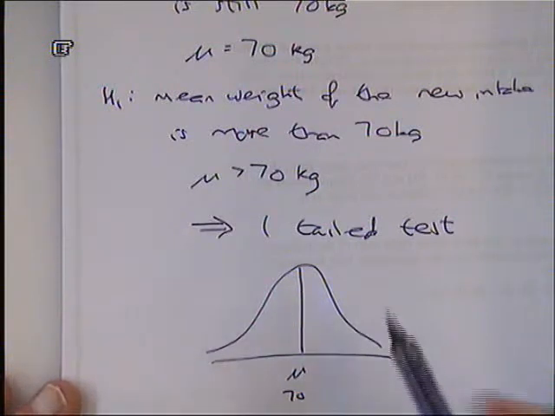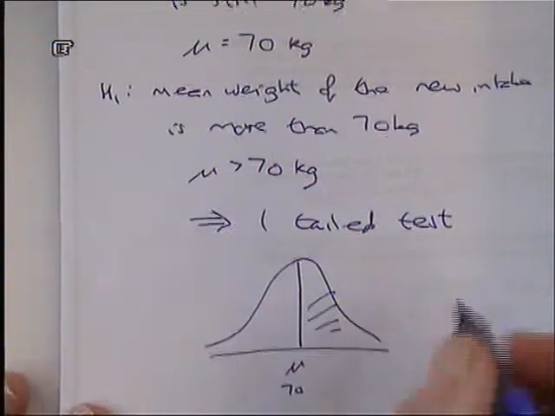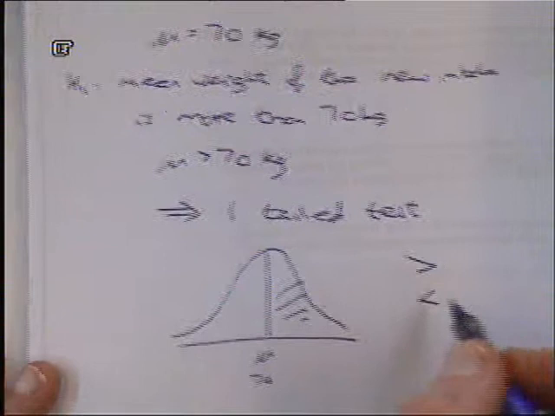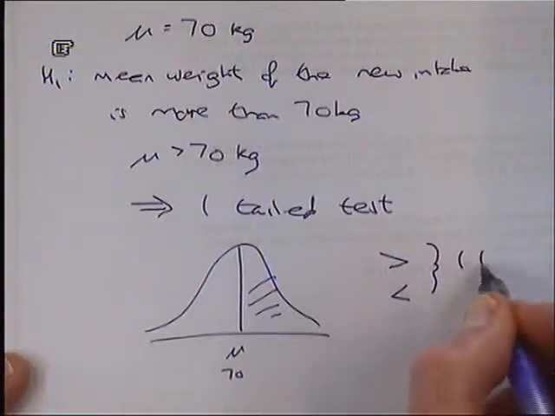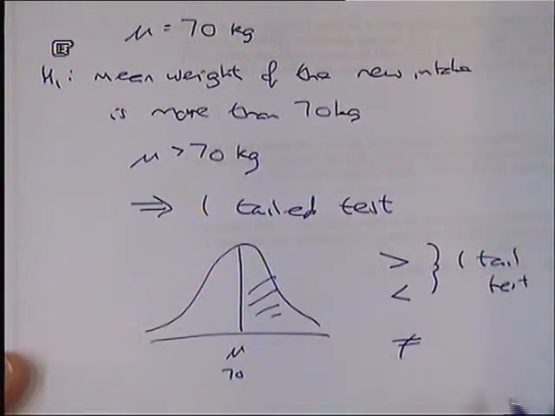We are just interested in, has mu shifted over here? Is it greater than? That's a one-tail test. If it said, is it just no longer 70, they may be interested in here or here. That would be called a two-tail test. So we've got a one-tail test. So if you want to make a note somewhere that if you use that sign or that sign in your alternative hypothesis, it's called a one-tail test. Or if you used a not equal to sign in your hypothesis, then that will be called a two-tail test.